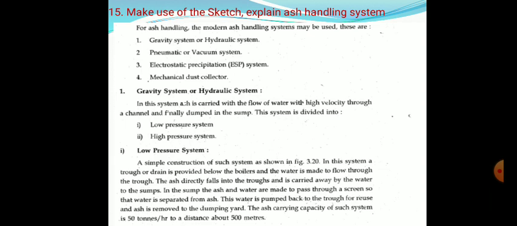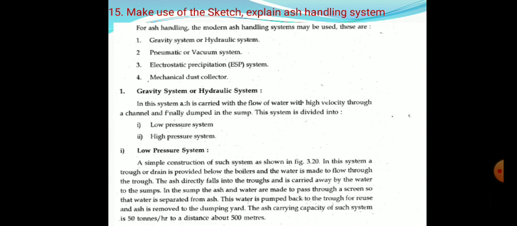In this system, a trough or drain is provided below the boilers and the water is made to flow through the trough. The ash directly falls into the troughs and is carried away by the water to the sumps.